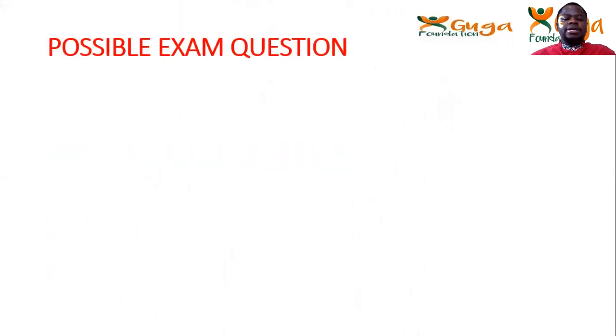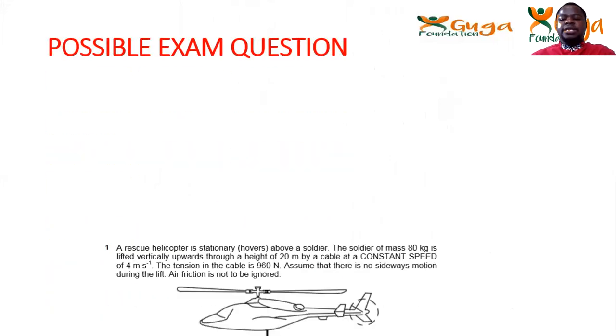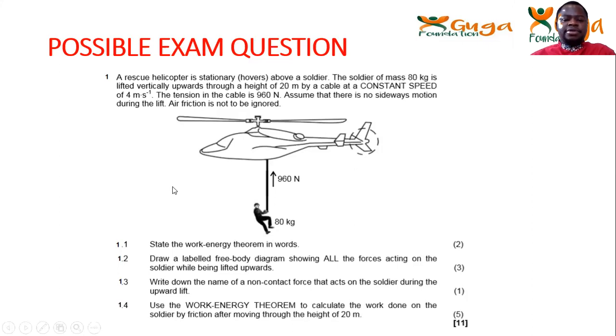Now let's look at a possible exam question. We have got a rescue helicopter stationary above a soldier. This is a helicopter, this is a soldier. The soldier of mass 80 kg is lifted vertically upward through a height of 20 meters by a cable at a constant speed, note and underline the words constant speed, of 4 meters per second.